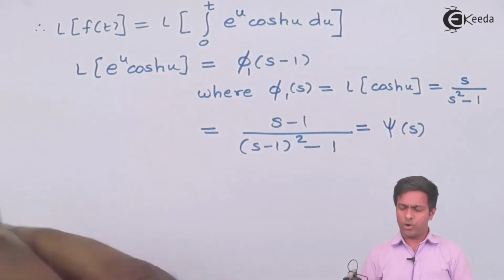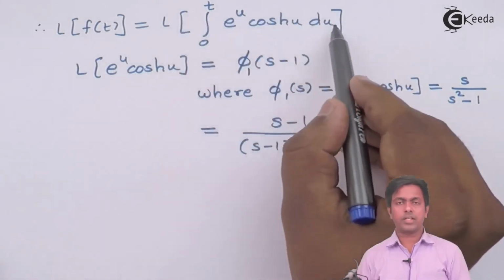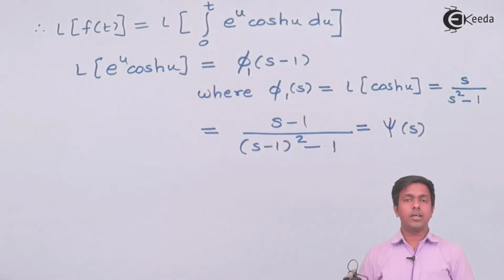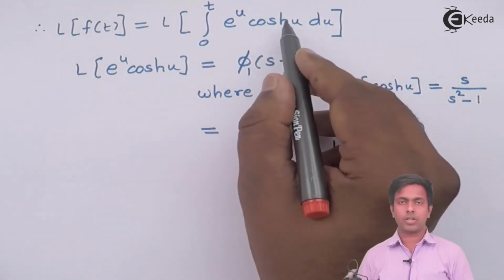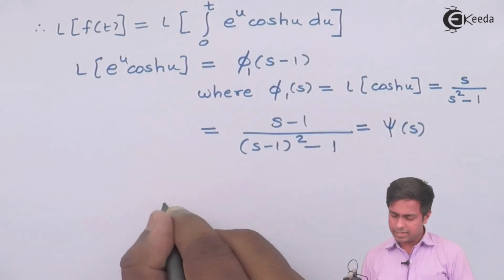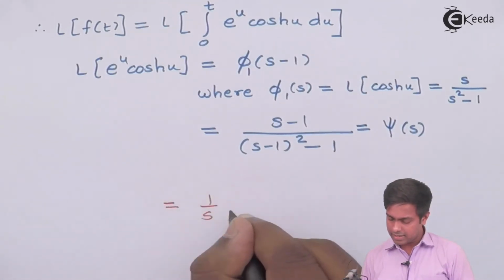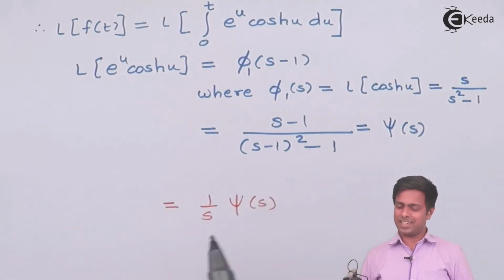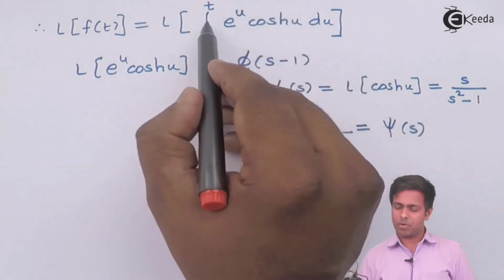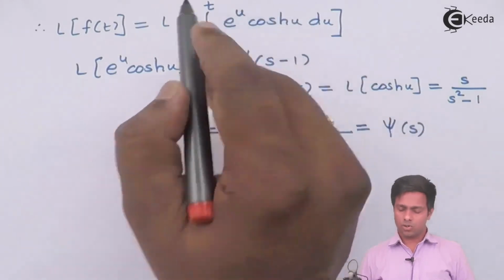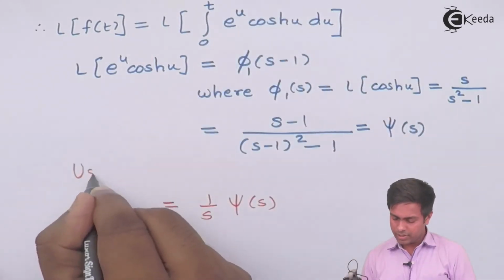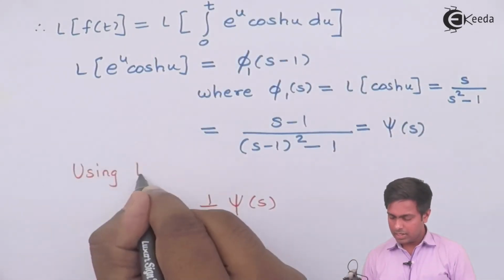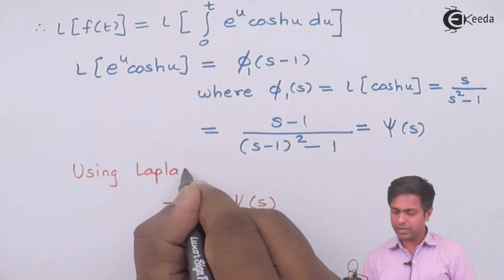So if I want to find the Laplace of this function by using Laplace transform of integral property, then we can say that the answer is 1 by s psi of s. And psi of s is nothing but the Laplace transform of this function. So here I'll say using Laplace transform of integral property.